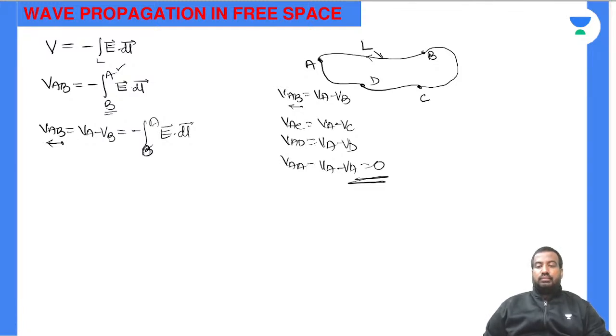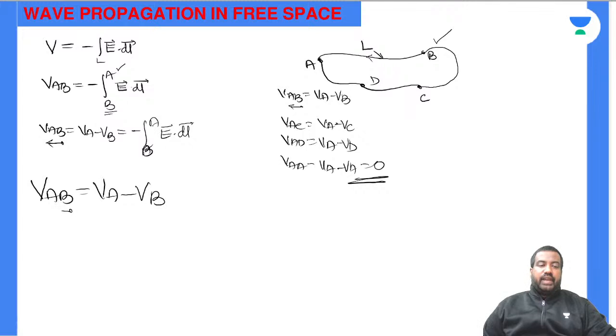Diagram. One second. See here, VAB is VA minus VB. VAB means moving from B to A, minus integral from initial point B to A of E dot dl.